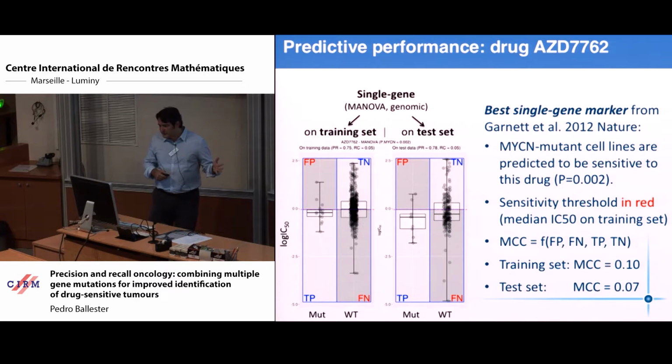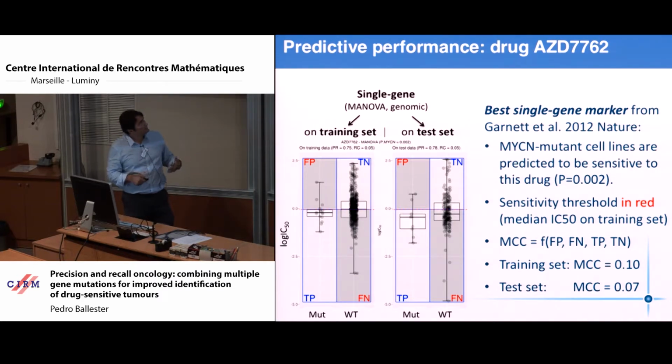And this is an example of the results that you get. The best single gene marker that was found for this drug is MYCN: mutant cell lines are predicted to be sensitive to this drug, which is a checkpoint inhibitor. Then you can see that the sensitivity threshold, which tells us what is sensitive or responsive, is in red.